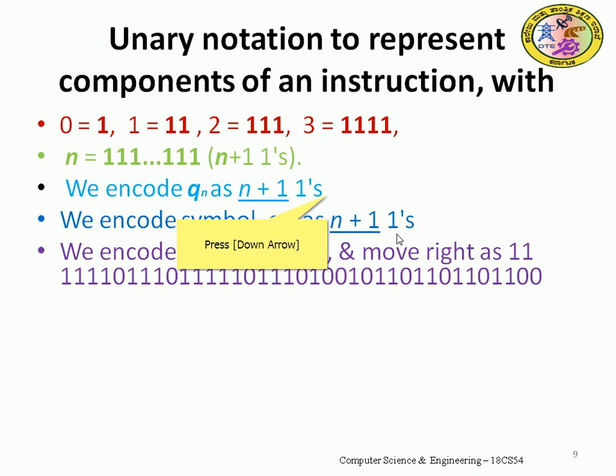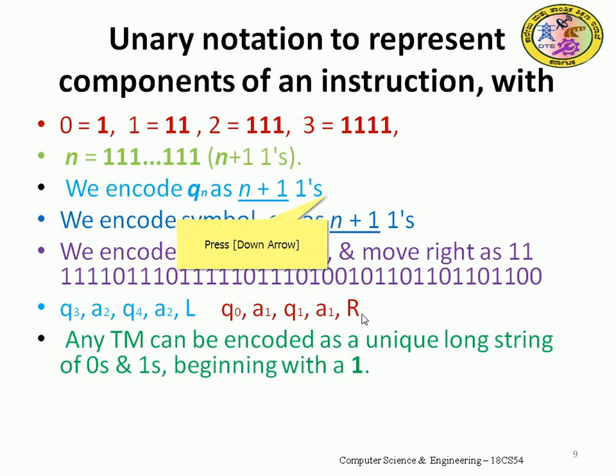So 1 1 0 1 1 0 5 ones 0 3 ones 0 1 0 0 1 0 1 1 0 1, and so on. That is: q3, a2, q4, a2, left; q0, a1, q1, a1, right.